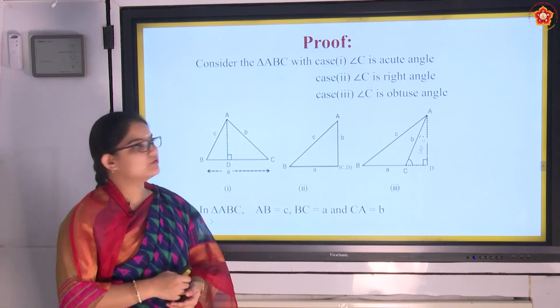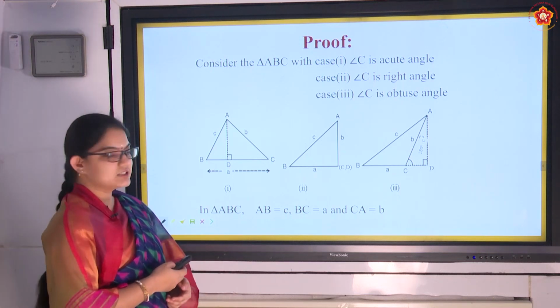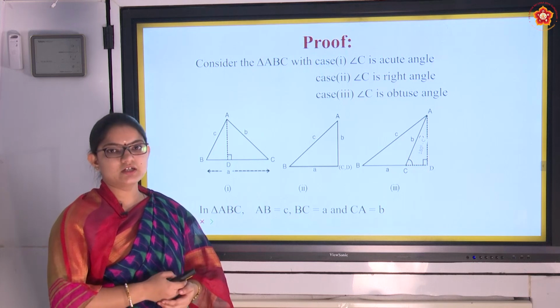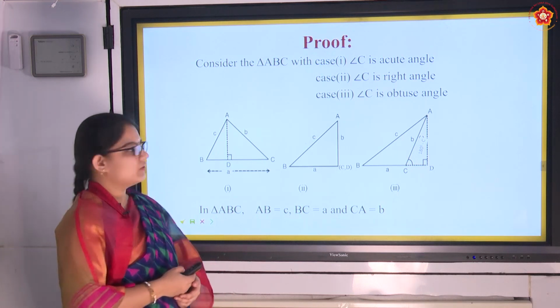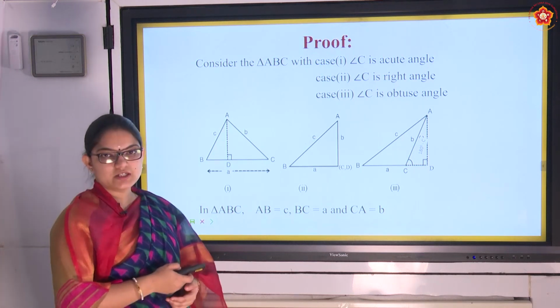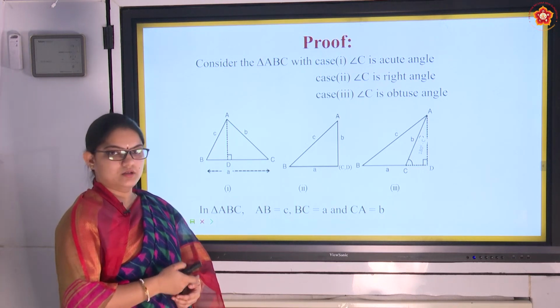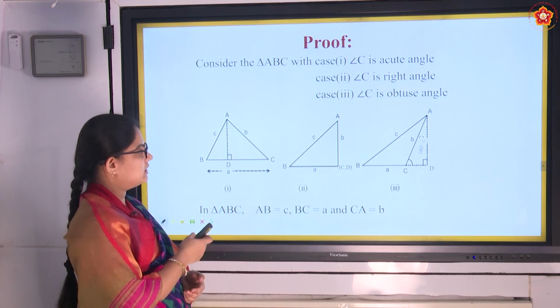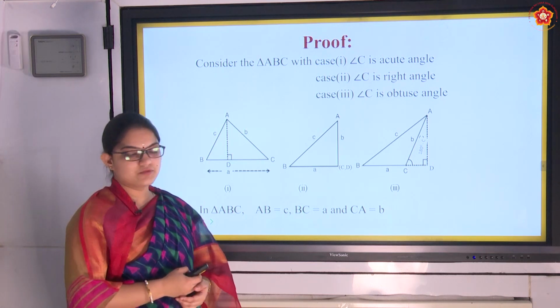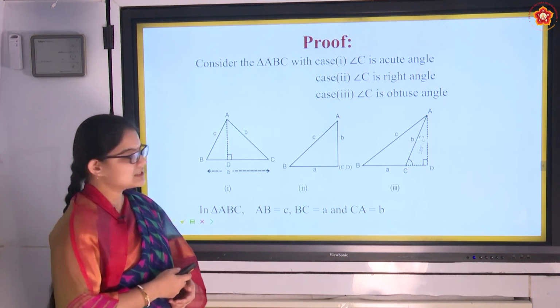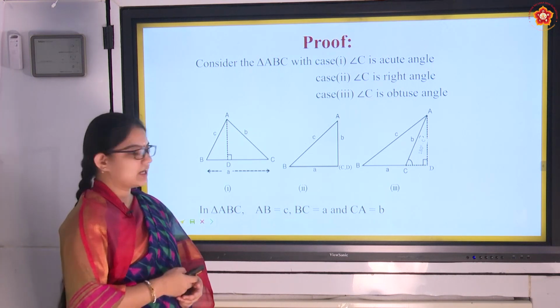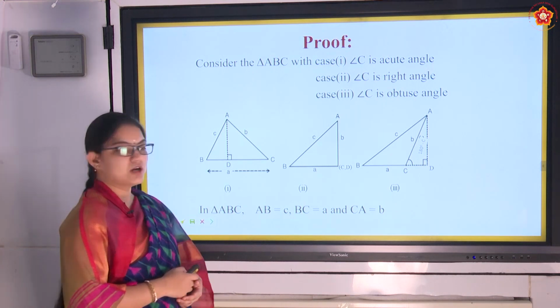For the proof, we are considering a triangle ABC where a perpendicular AD is drawn from A to BC. We consider three cases for angle C: angle C is acute, angle C is a right angle, and angle C is obtuse.